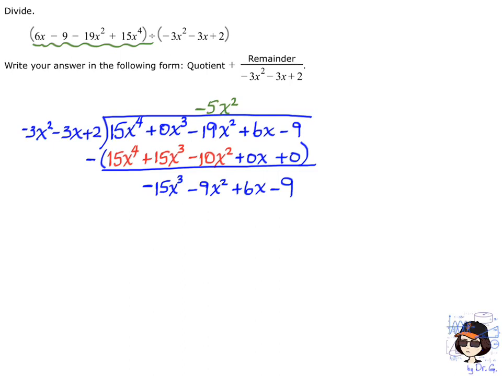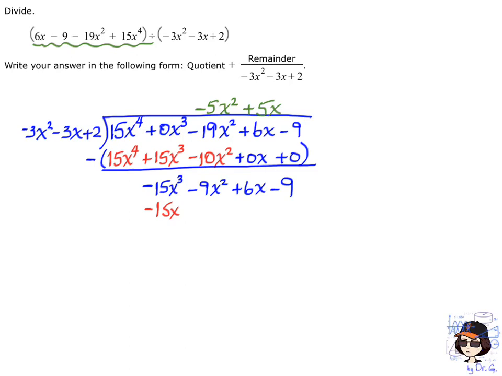Looking at the leading term, negative 15x to the third divided by negative 3x squared. Now we have a negative divided by a negative, so that quotient will be positive. It's going to be positive 5x. So I write positive 5x up there. Then I do the multiplication.